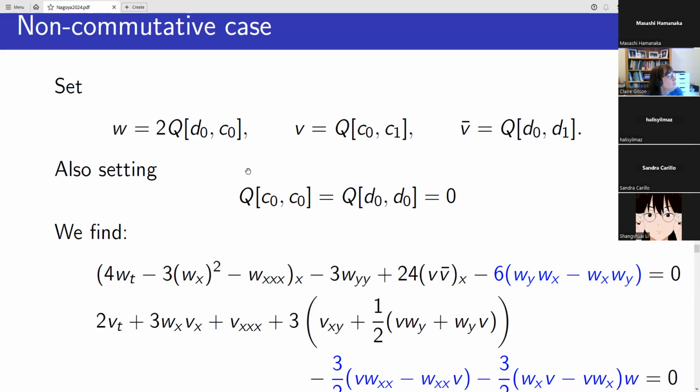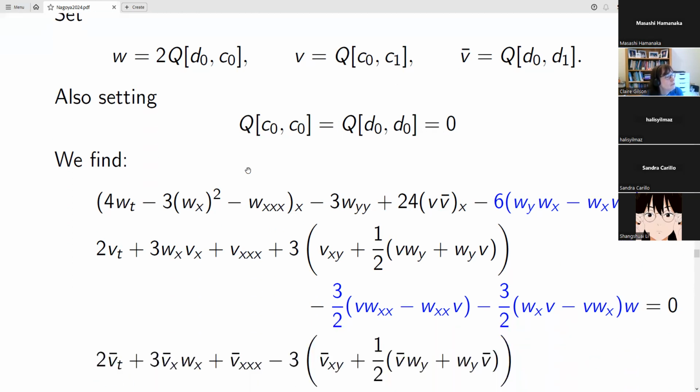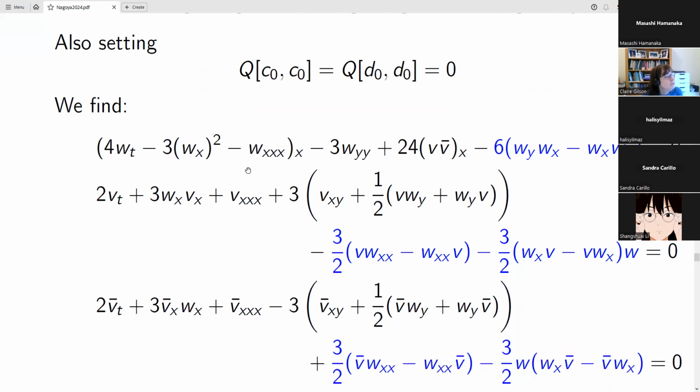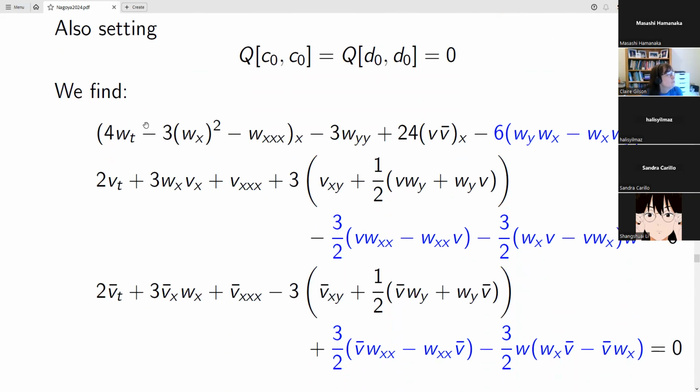And what I get, and I've put it in a different color, is a non-commutative version of the equation. So the whole system, in fact. The stuff in black is the original system, and the blue is the extra terms.